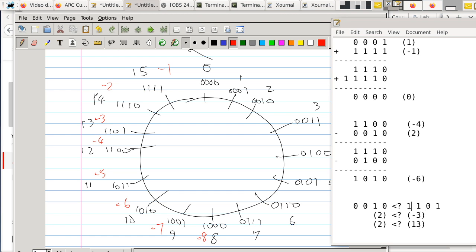Because 1101 can be interpreted two ways. If you want to look at 1101 as a signed integer, it is -3. It represents -3. If you want to look at 1101 as an unsigned representation of an integer, then it'll be representing 13.